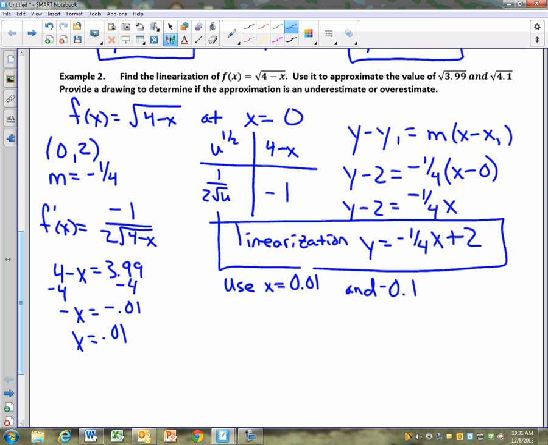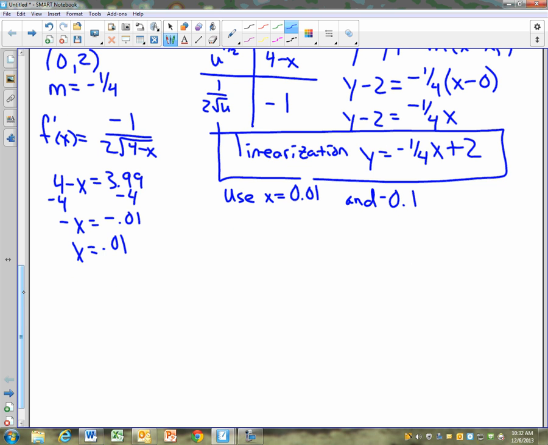And then we did the same thing for 4.1. So if we want to actually approximate these values, again, we are going to use 0.01.